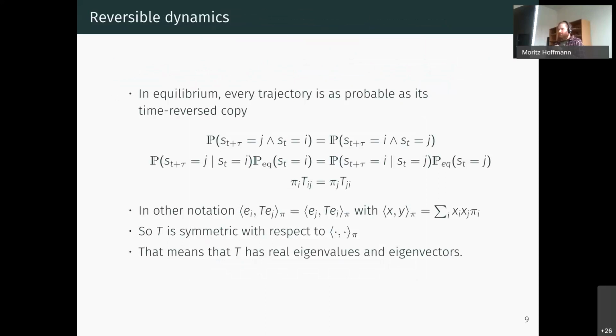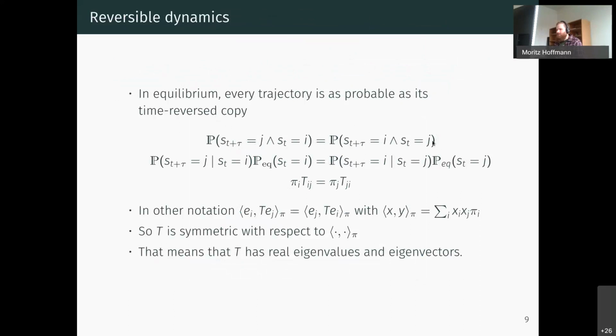All right, so this was reversible dynamics. So why does this work in reversible dynamics? It works in reversible dynamics because if we look here, it means that the forward is just as probable as the backward. That means that the probability to jump from S(t+tau) = j and S(t) = i is the same as vice versa.